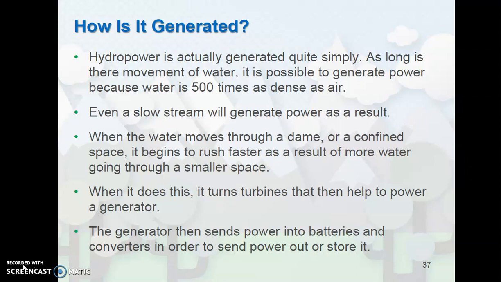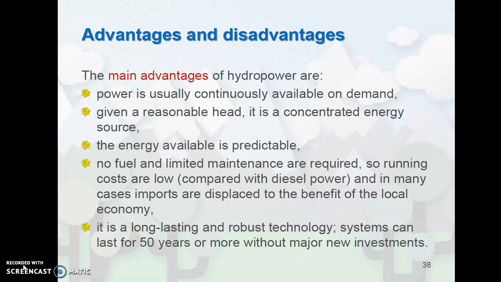When the water moves through a confined space, it begins to rush faster as a result of more water going through a smaller space. When it does this, it turns a turbine that then powers a generator. The generator then sends power into batteries and converters in order to send power out or store it.